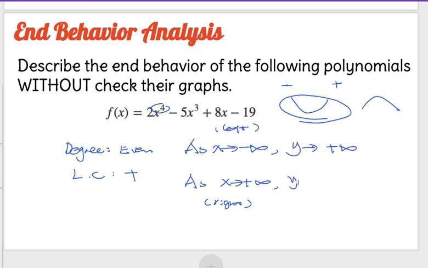And then y approaches positive infinity too, because as you can see in the graph, they go up on both sides. So this is how we analyze the end behavior. This is how the answer looks. Again, this is how we use the degree and leading coefficient to figure out the end behavior.